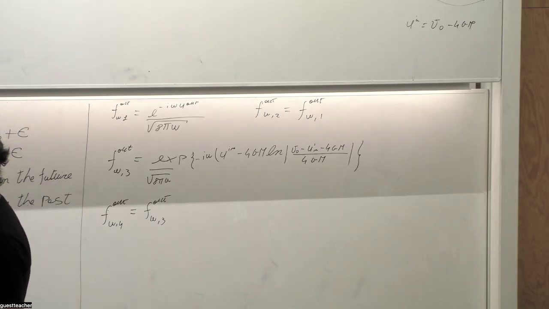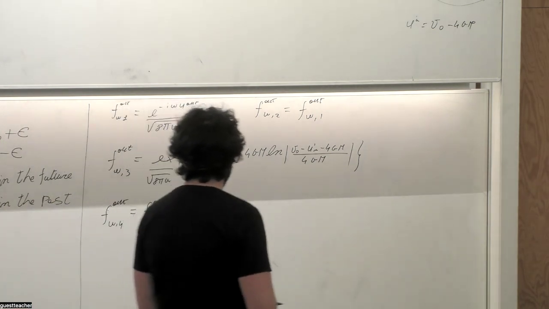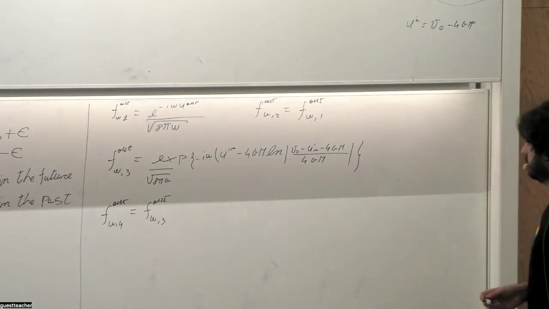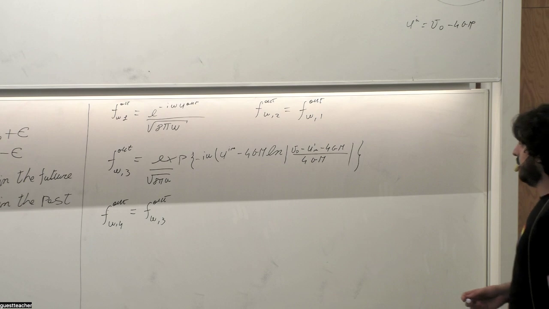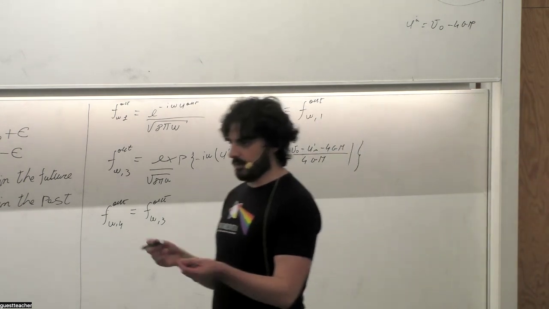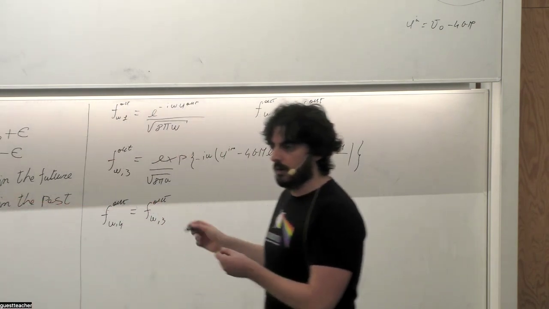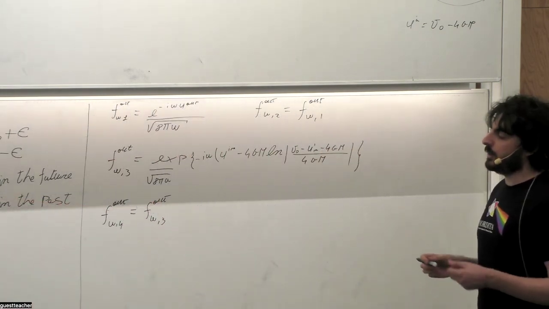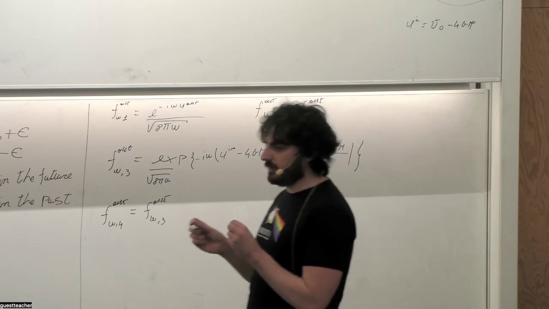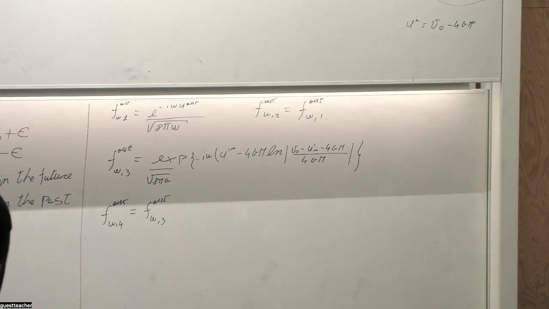The new expression is omega 3 out. It's still a plane wave. It's just a combination of positive and negative frequencies. So it's a completely non-trivial combination, but it's still a solution of that.